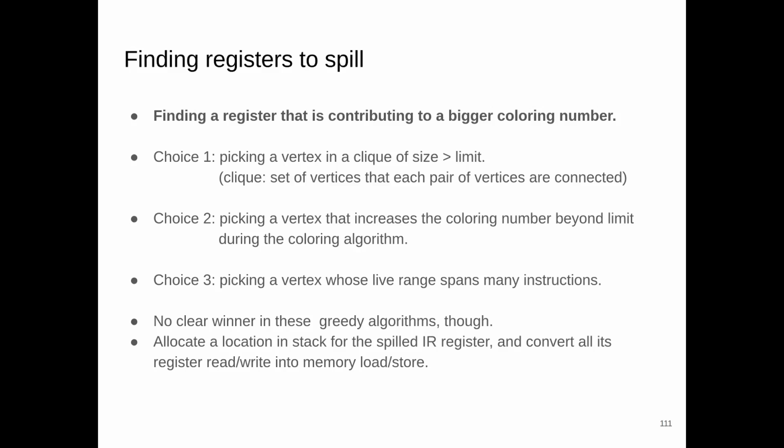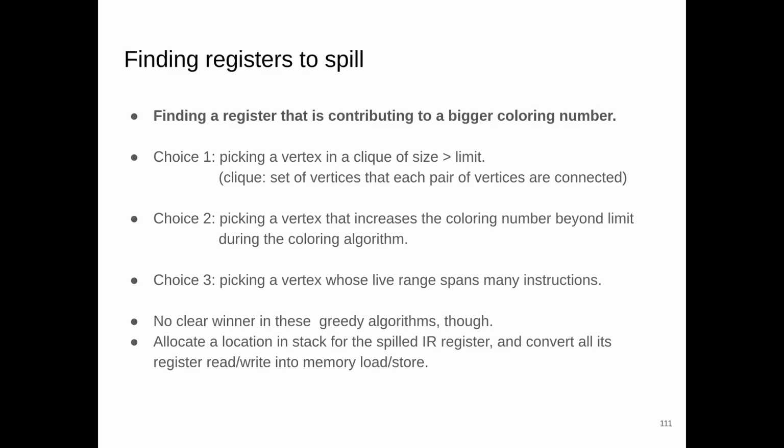And a clique has a very good property in coloring. So if there is a clique of size 5, all those 5 vertices should be colored with different colors because they are fully connected to each other. And as a result, this clique is fundamentally increasing the number of architecture registers that is necessary to allocate registers.